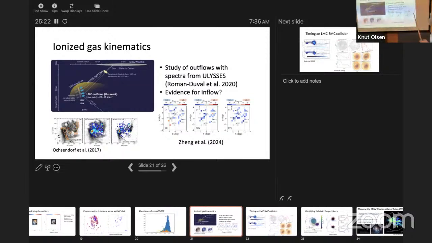So we've also been looking at the ionized gas kinematics. So this is from a recent paper that was done with Hongming Zheng.